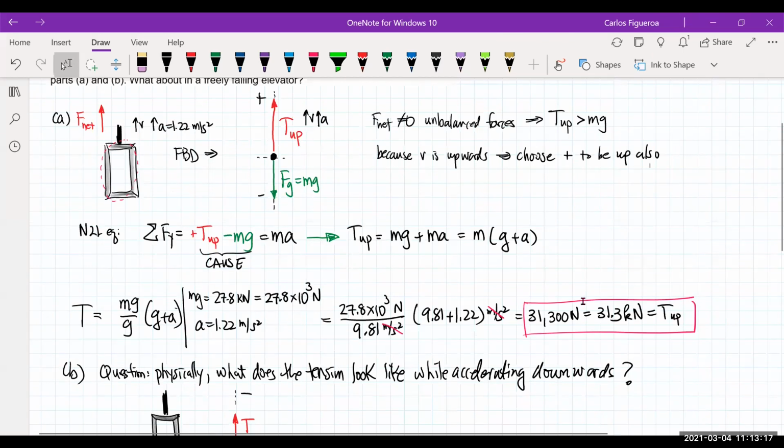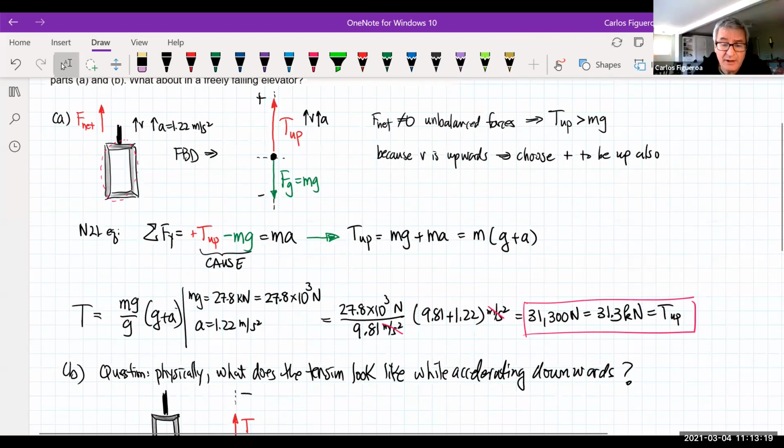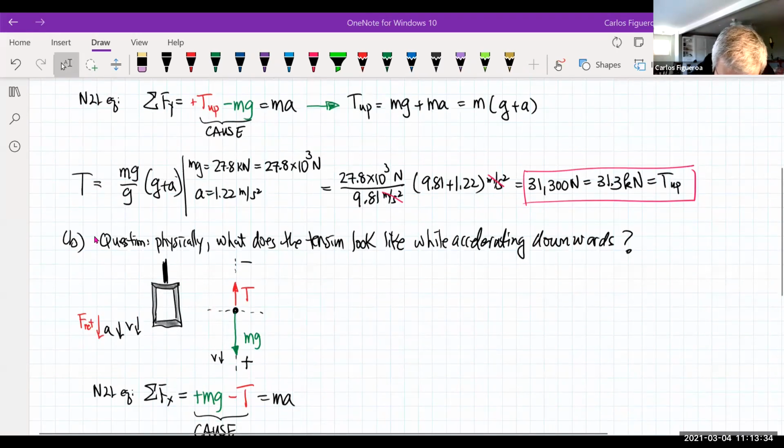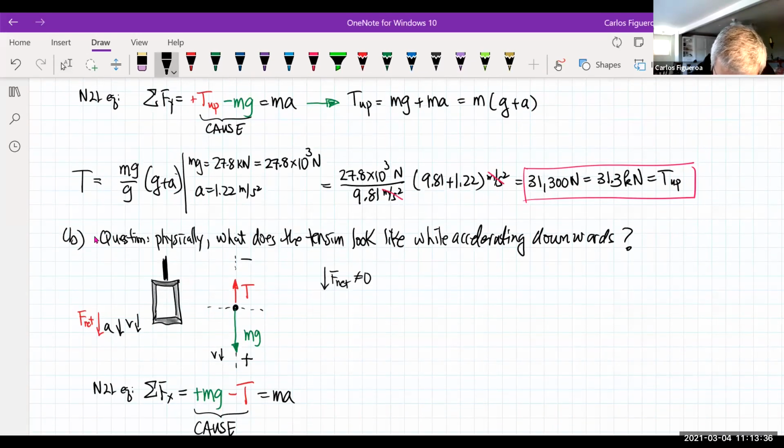So now what we were doing next is looking at what happens when the elevator is accelerating downwards. If the elevator is accelerating downwards, then that tells us the net force is not zero here. So again, I have unbalanced forces.